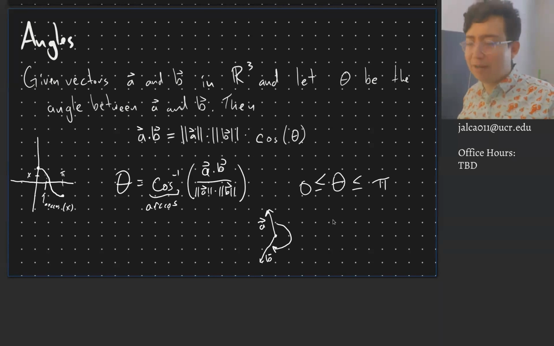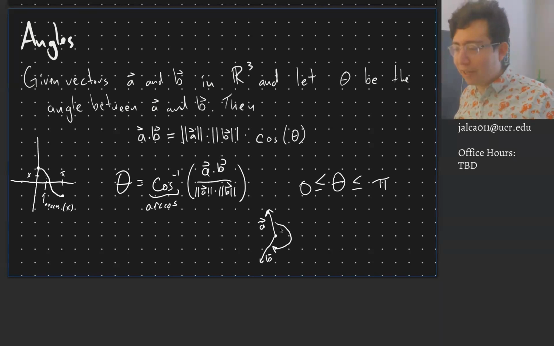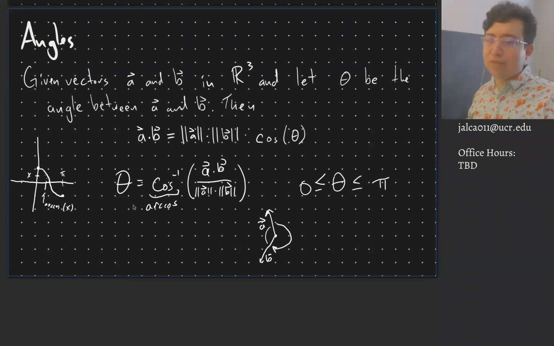Anytime you have two vectors, I was looking at this angle, right? But there's another angle here too, this angle over here. So this angle now is smaller than pi. Remember, pi is 180 degrees. So even though this angle was bigger than pi, this angle over here was smaller than pi.